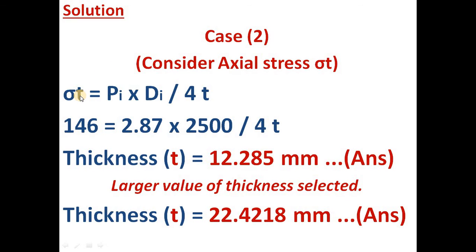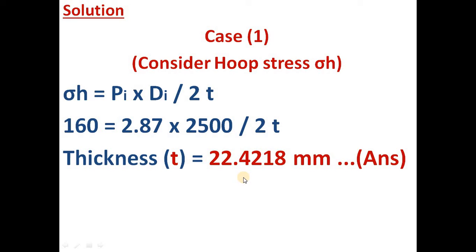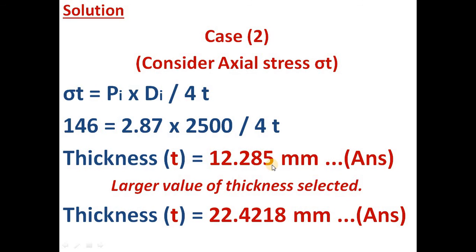Then giving the value, sigma T is given in the problem as 146 Newton per mm square. Pressure is given as 2.87 into Di is 2500 divided by 4T. Only unknown is T. T can be calculated. 12.285. The previous case it was 22 point. Here it is 12.5.